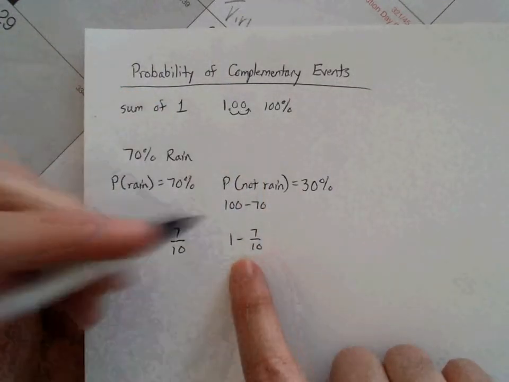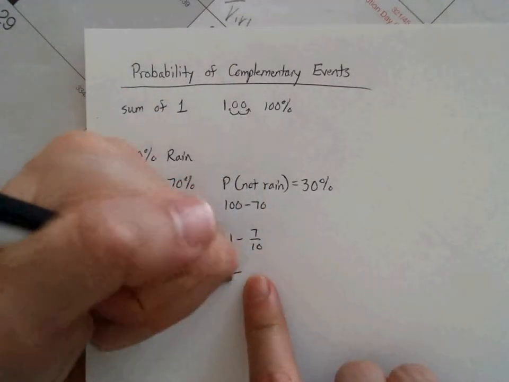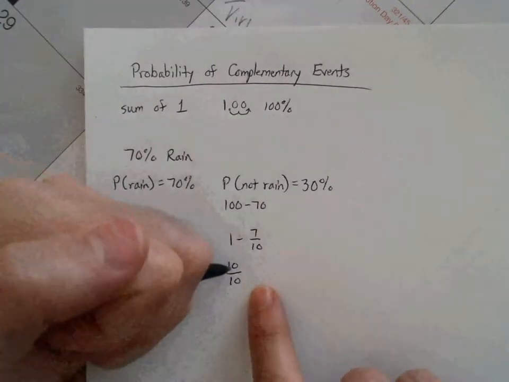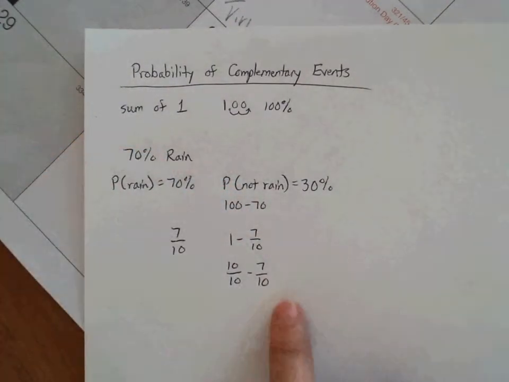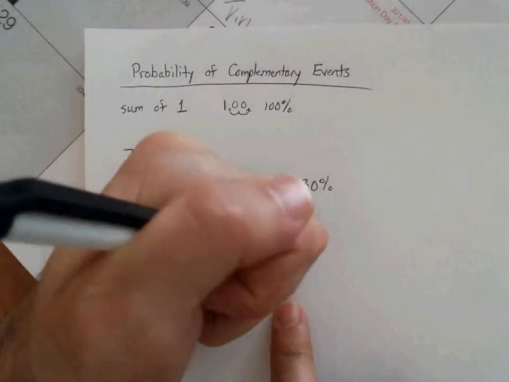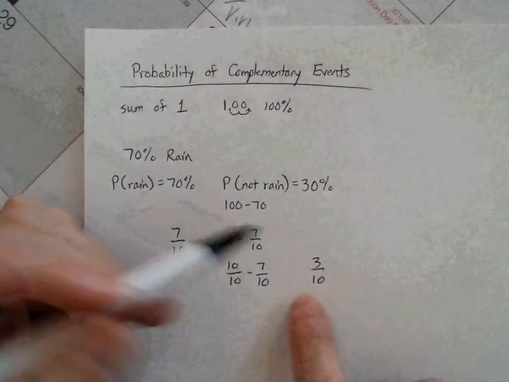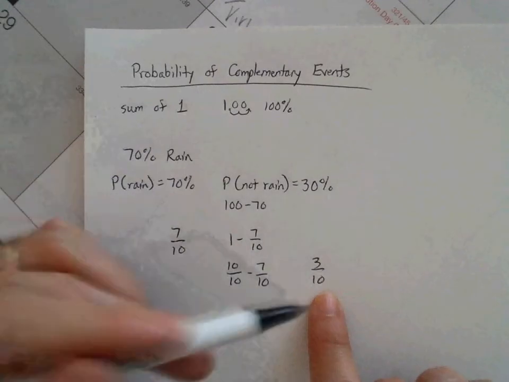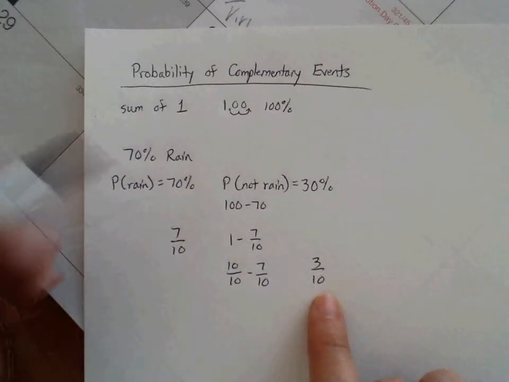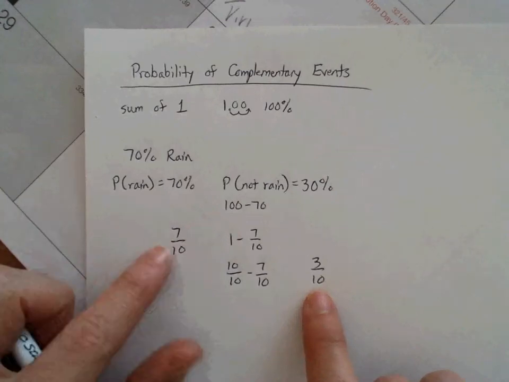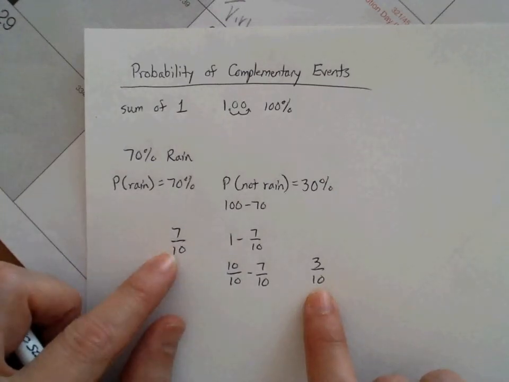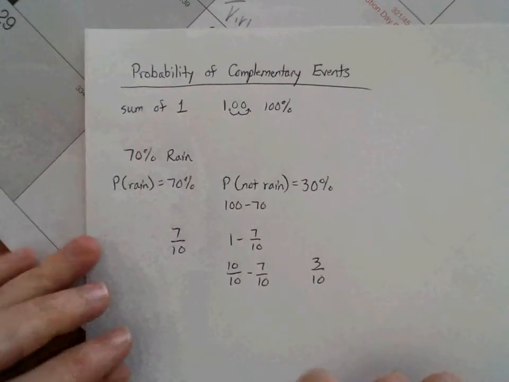So 1 minus 7/10. And remember, 1 is the same thing as 10/10, because 10 divided by 10 gives me 1. So you say 10/10 minus 7/10, which gives me 3/10. And 3/10 is the same thing as 30% if I turn that back into a percent. So these are complementary events, because if I add 7/10 and 3/10 back together, it will give me a sum of 1.